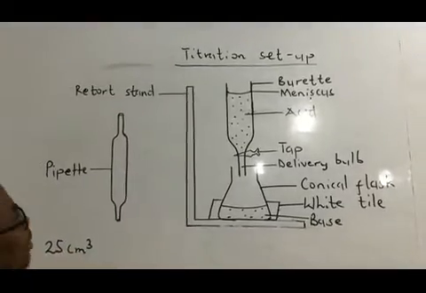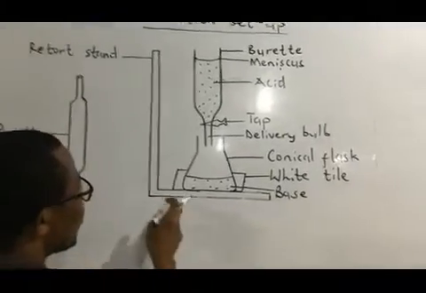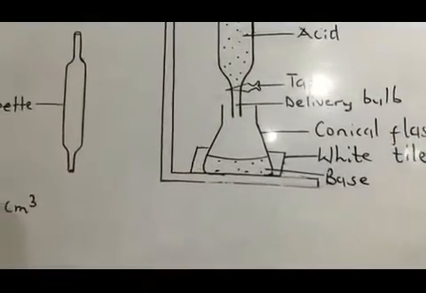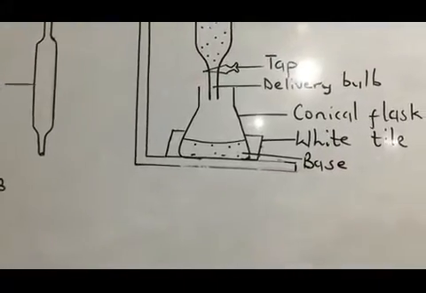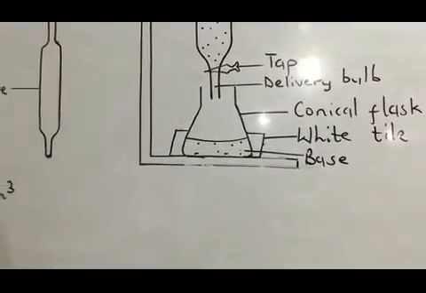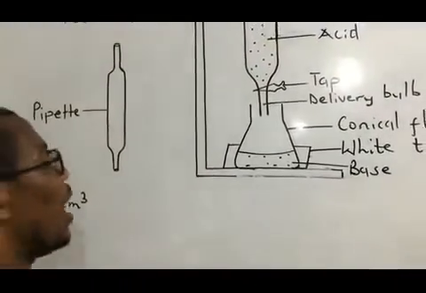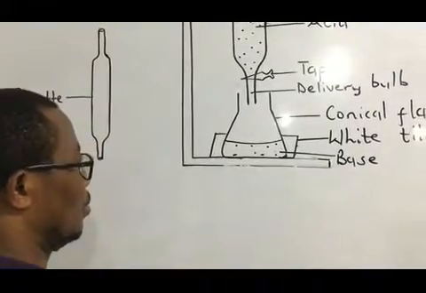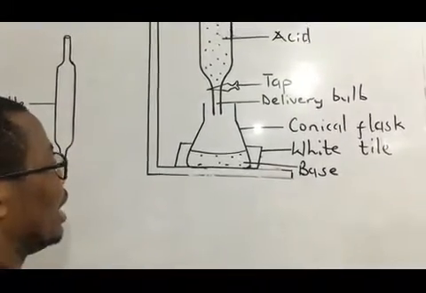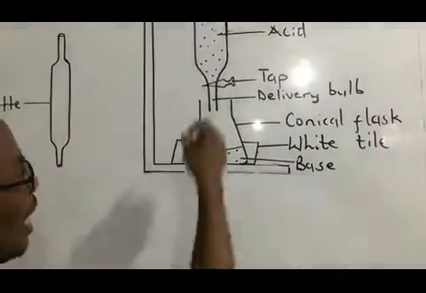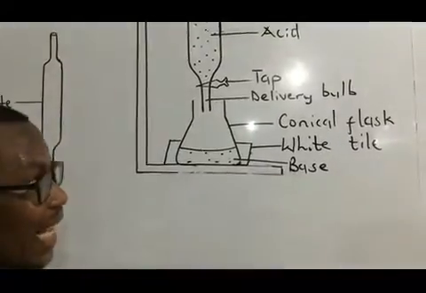And then what is the role of the white towel here? You see, during the titration, we have indicators used, and in the process there's a color change.